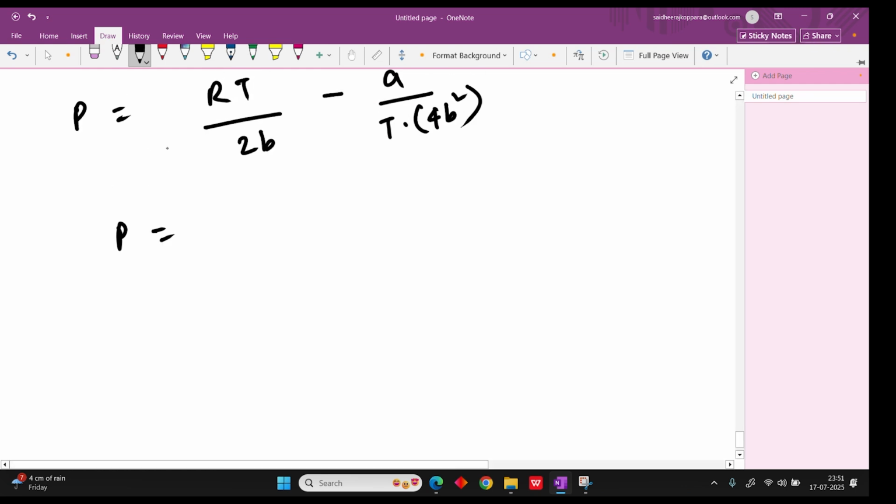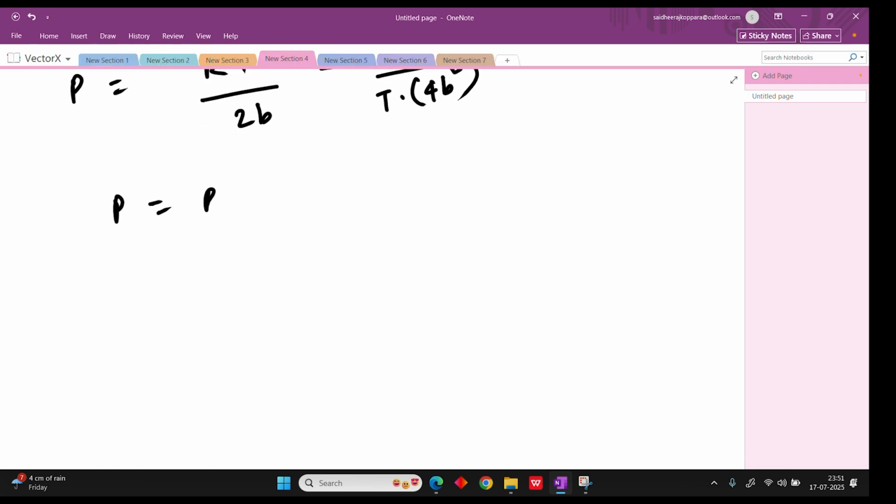It's RT square by 2B square minus A. This is what your equation is like.